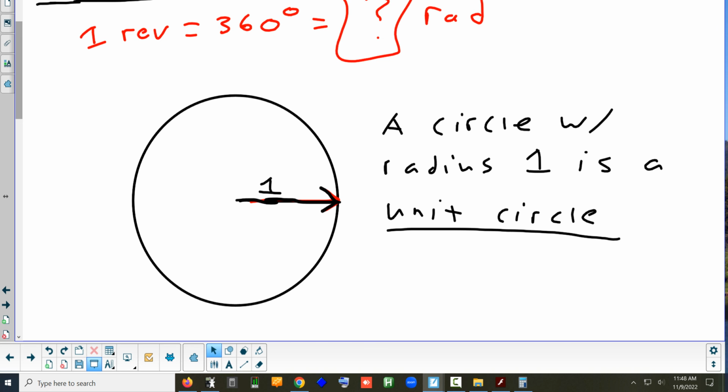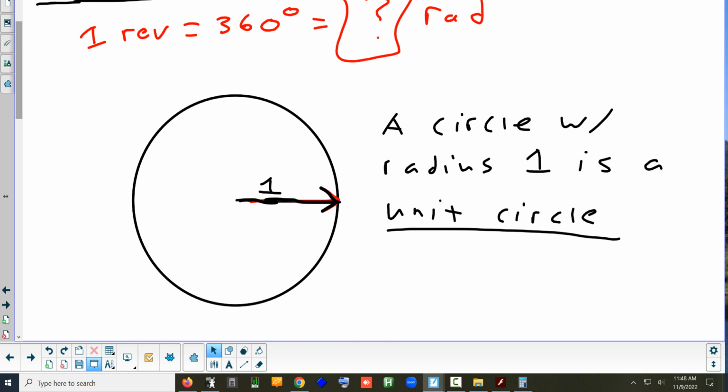So we're going to look at this diagram. This diagram is a circle, and it's called a unit circle because I specifically labeled the radius as 1. Anytime you have a circle with a radius of 1, it's a unit circle. There's something very special that happens on a unit circle, and we can use that special fact to help us figure out the connection between degrees and radians.